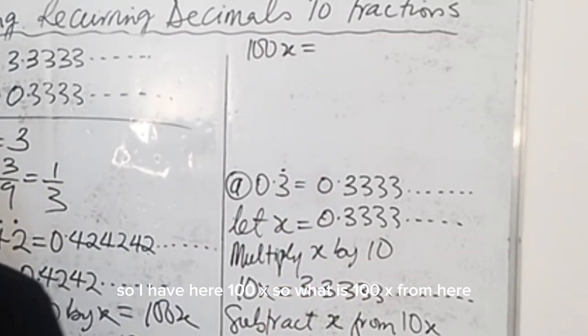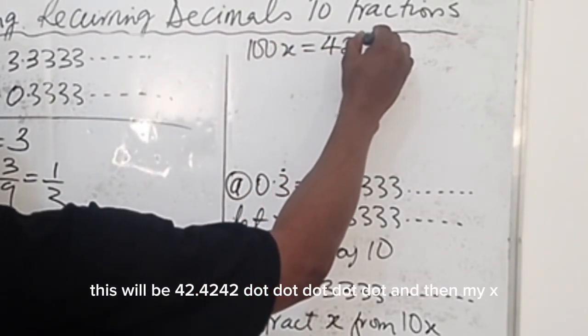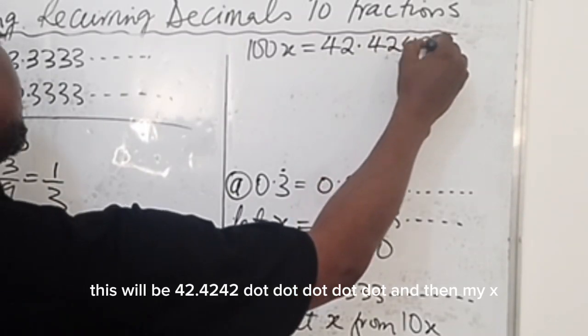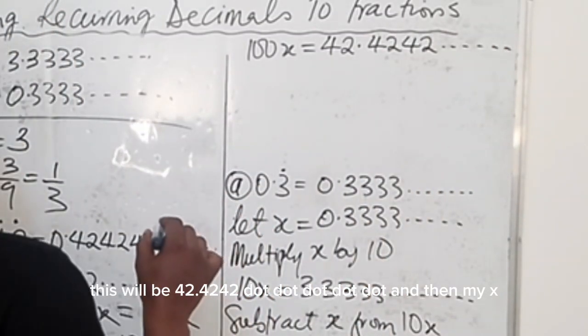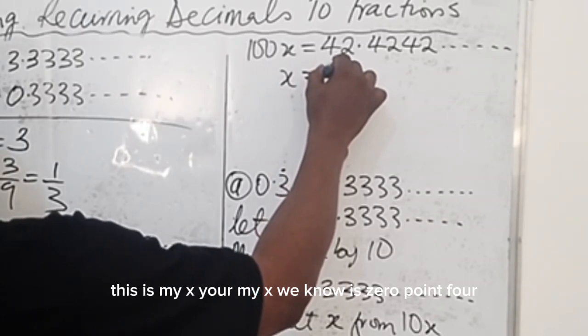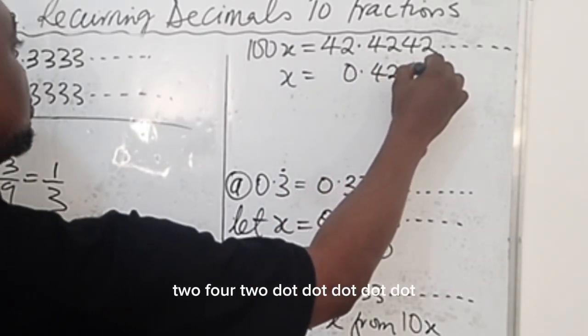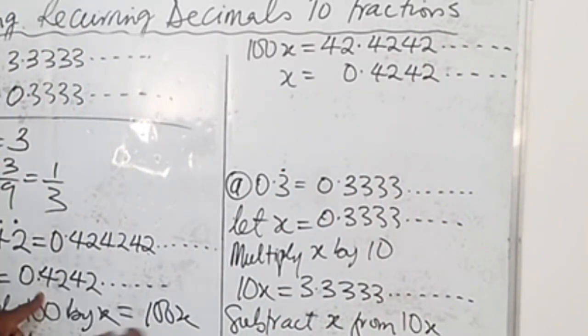So what is 100x from here? This will be 42.4242 dot dot dot. And then this is my x. My x we know is 0.4242 dot dot dot.